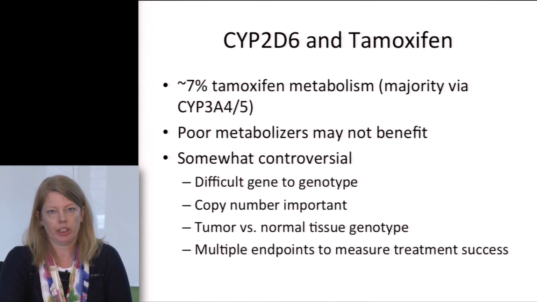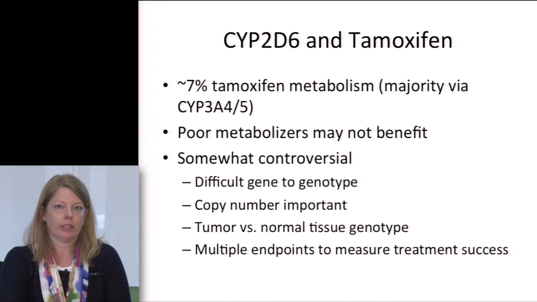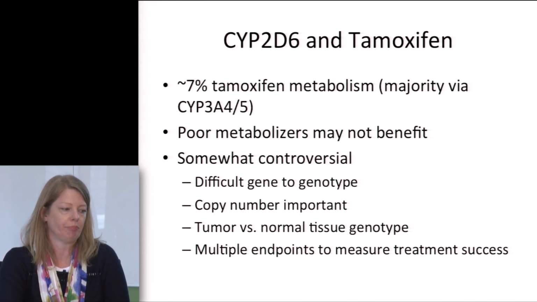However, there's huge variation in CYP2D6. And even though only 7% of the drug is metabolized via CYP2D6, if you're a poor metabolizer for that particular gene, you still may suffer from not as much benefit of the drug as somebody who is wild type.